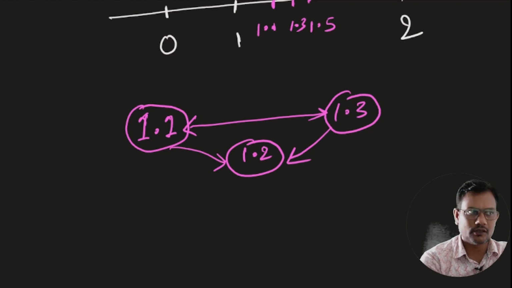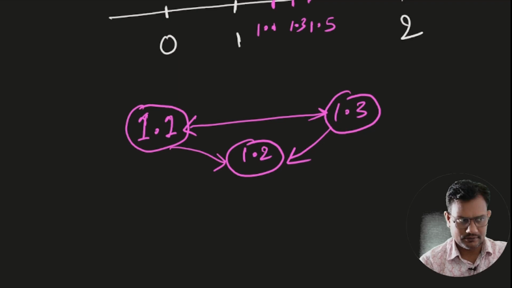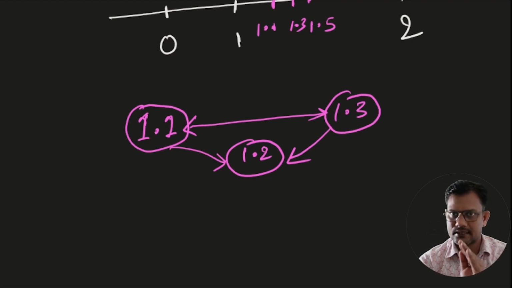Got my point? Now 1.1, 1.3 and 1.2 are also rational numbers. Still we have a gap between 1.1, 1.2, 1.3.